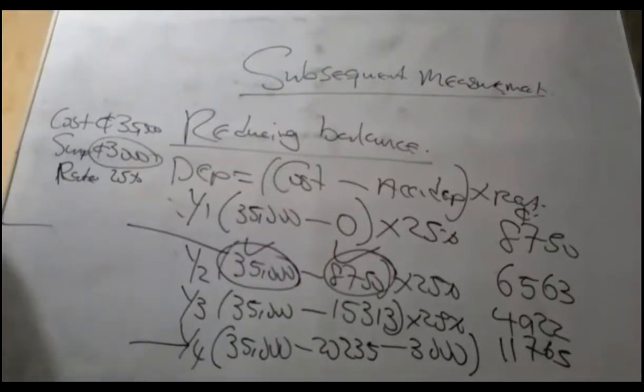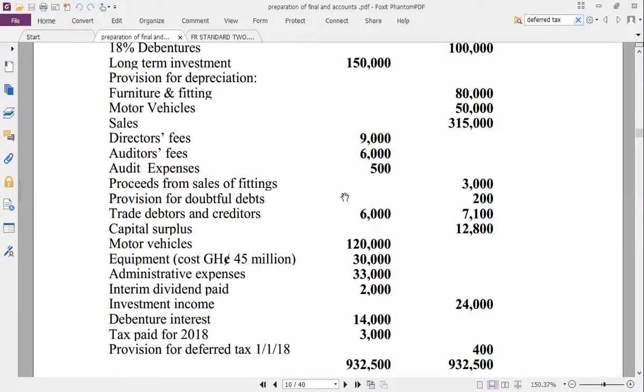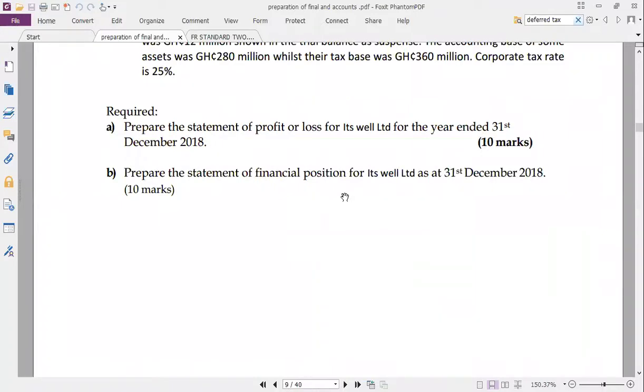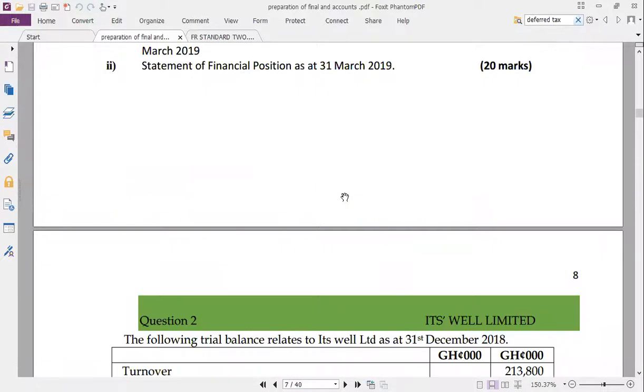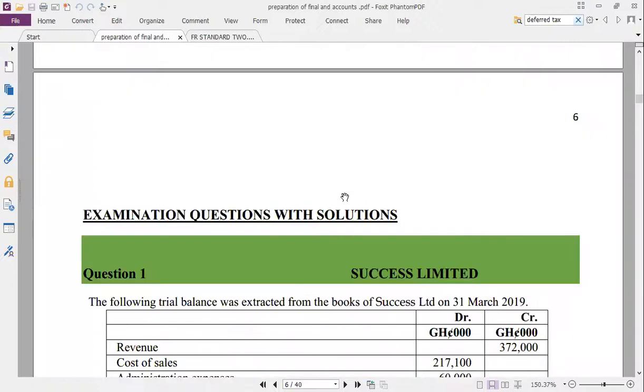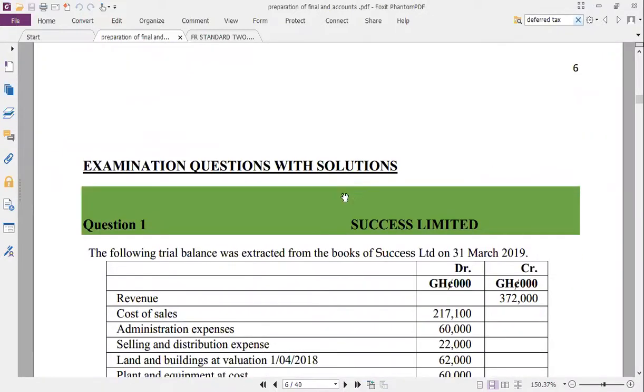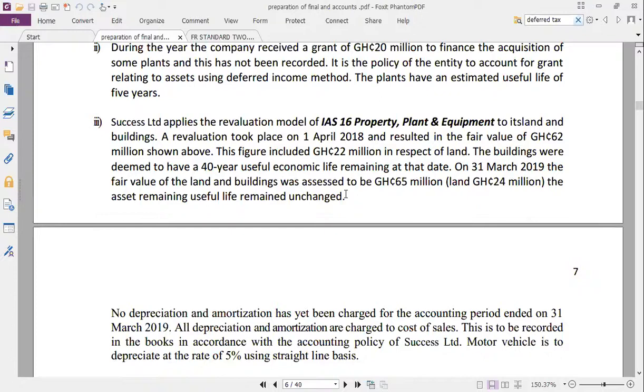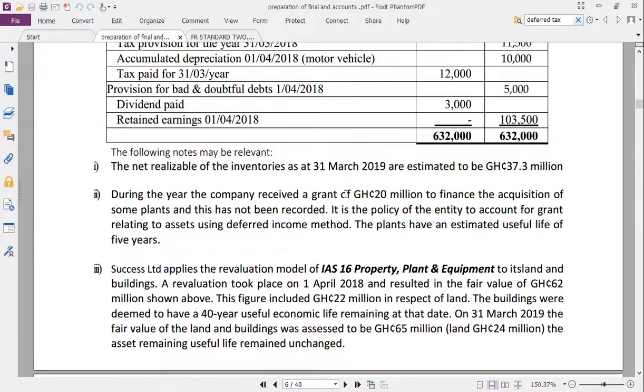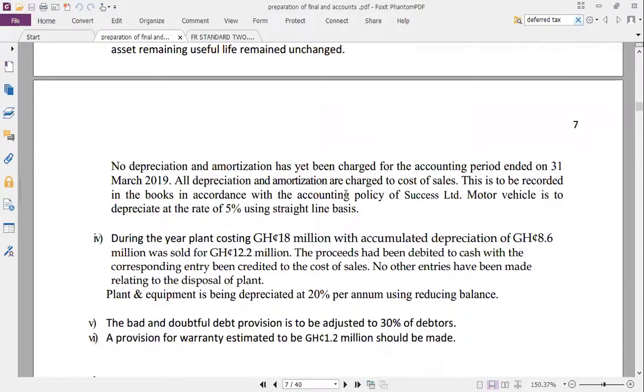Good. Now let's go to Success. For Success, all the assets were on straight line. Success, the plant was on reducing balance also. Which of the notes? Note 4, the last sentence in note 4.